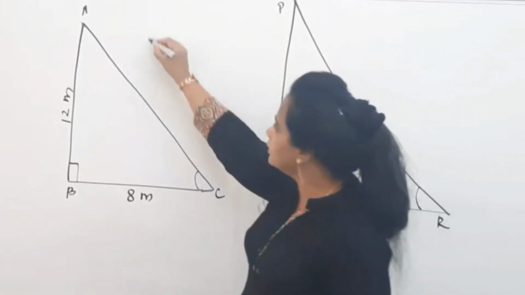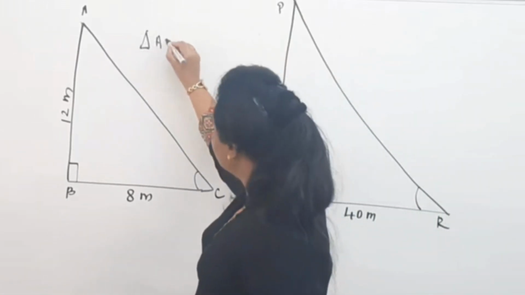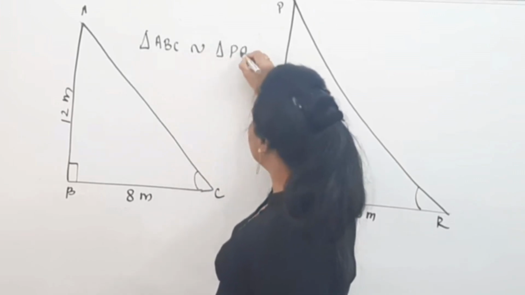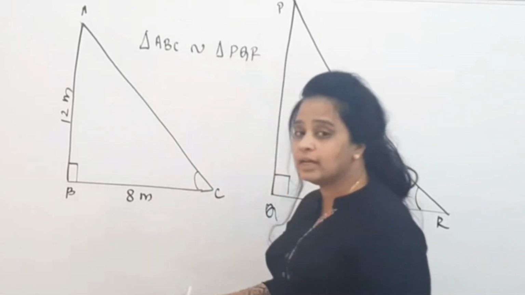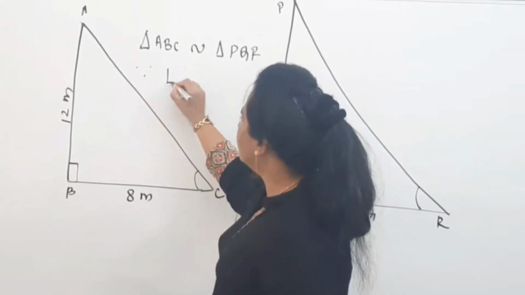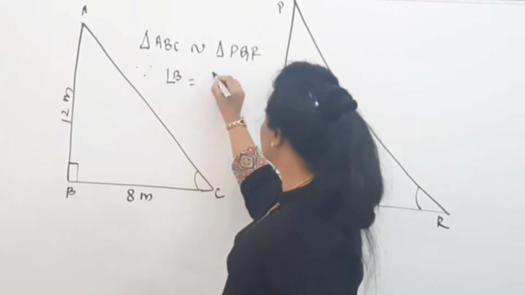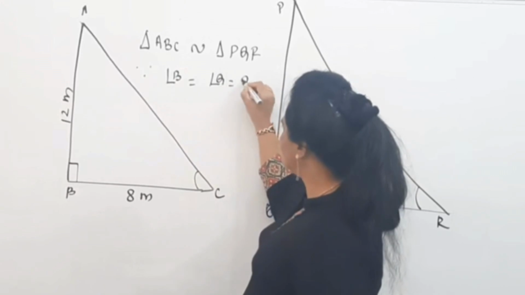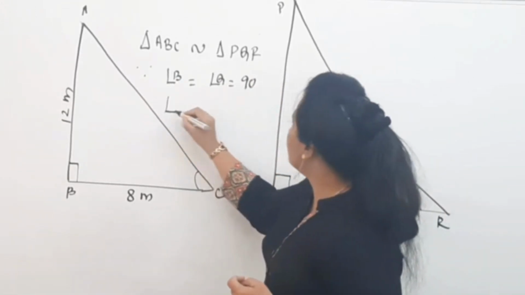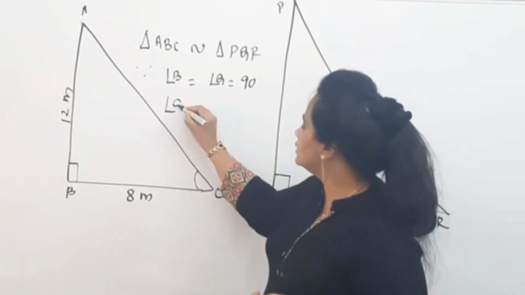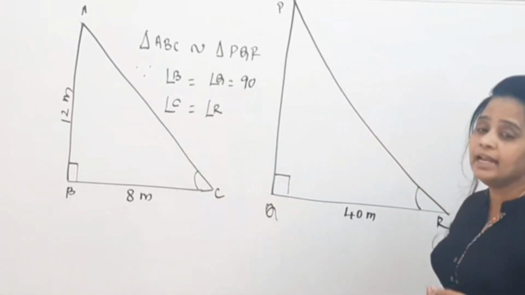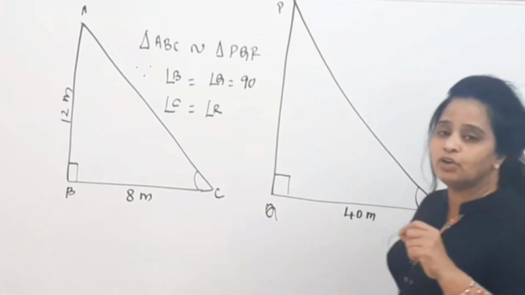So I can write triangle ABC is similar to triangle PQR. How does it become similar? Because angle B is equal to angle Q is equal to 90 degree because it is perpendicular, and the second point is angle C is equal to angle R because the angle of elevation of the sun will not change.